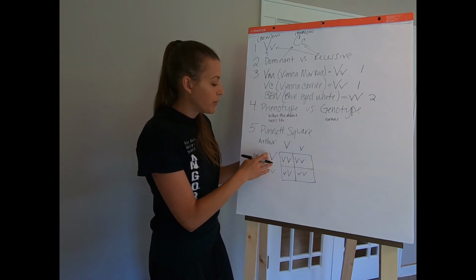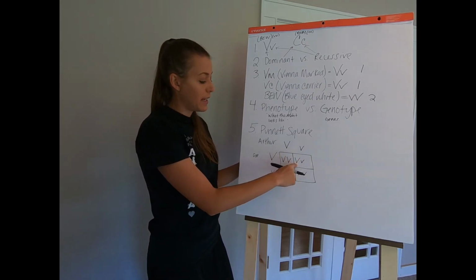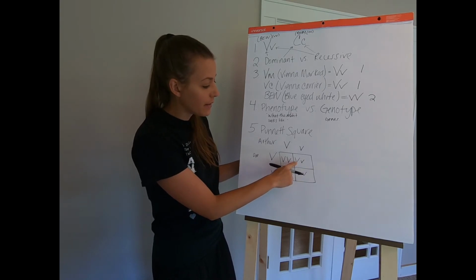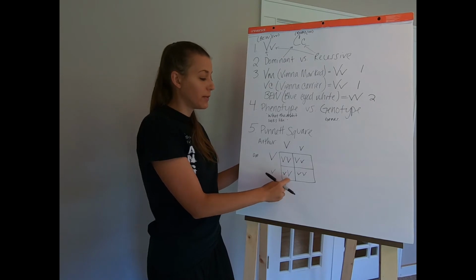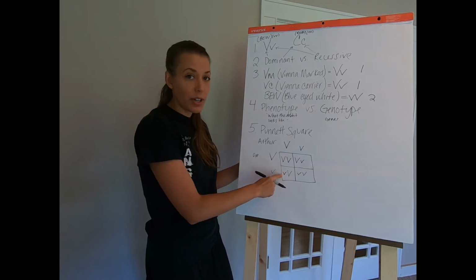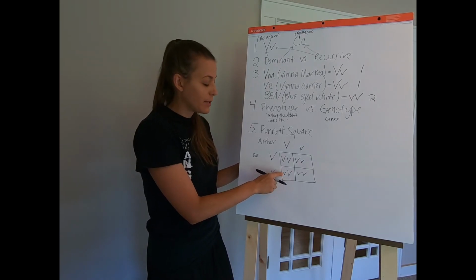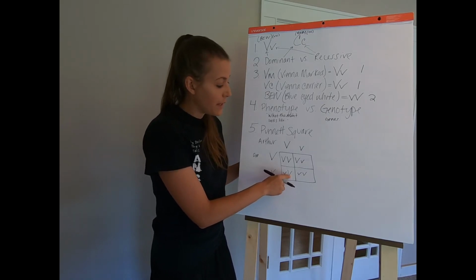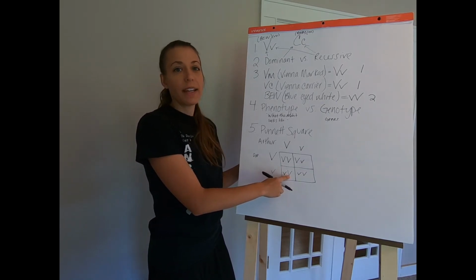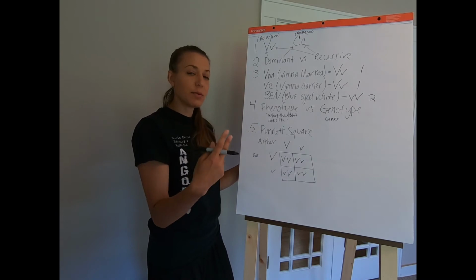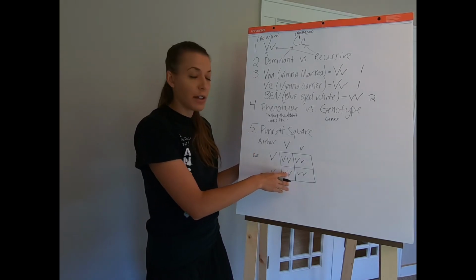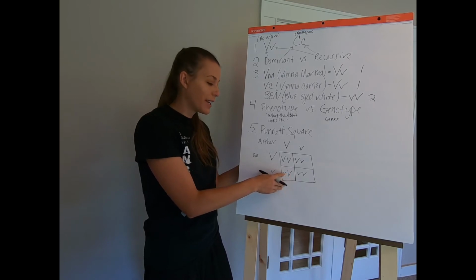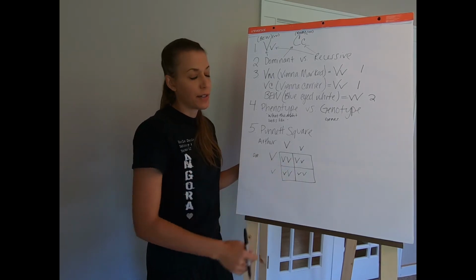Now, if we move across we have a big V with a little v. If you remember down here, we also have a little v and a big V. The order, if the little v comes first or if the big V comes first, doesn't matter. There's only 2 genes from each parent, and what matters is how many are lowercase and how many are dominant.